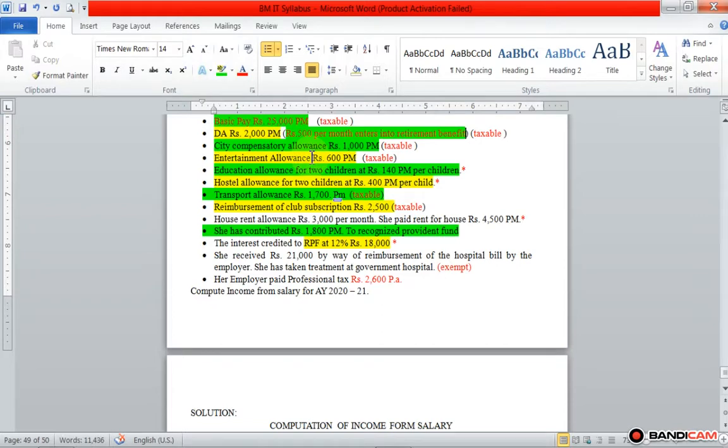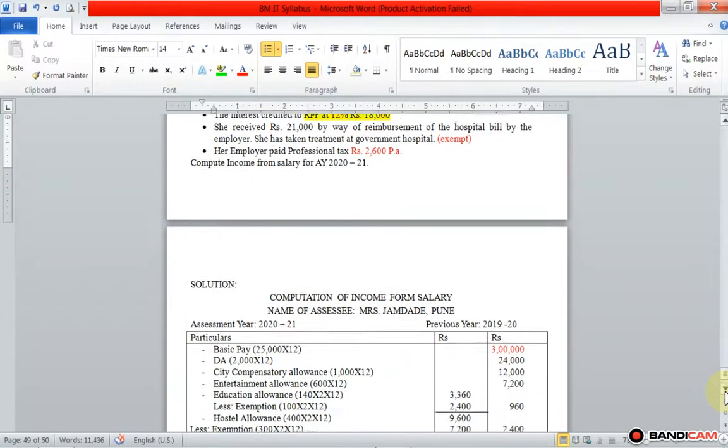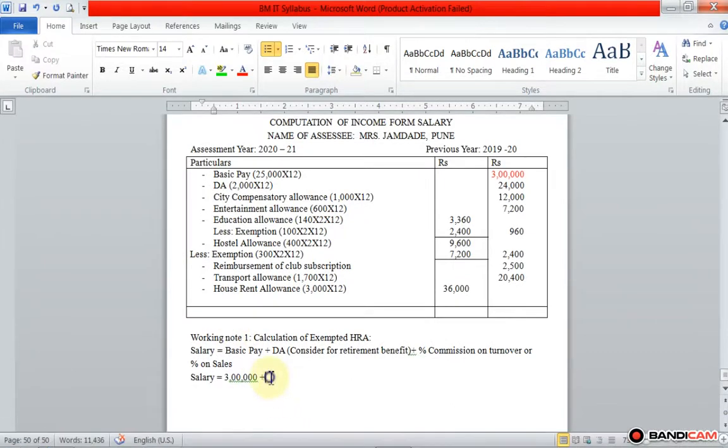So DA considered is rupees 500 for retirement benefit. So only this 500 is taken into consideration. So in brackets 500 multiplied by 12, we get 6,000, plus percentage of commission. Percentage of commission on sales is not given, so it is nil.